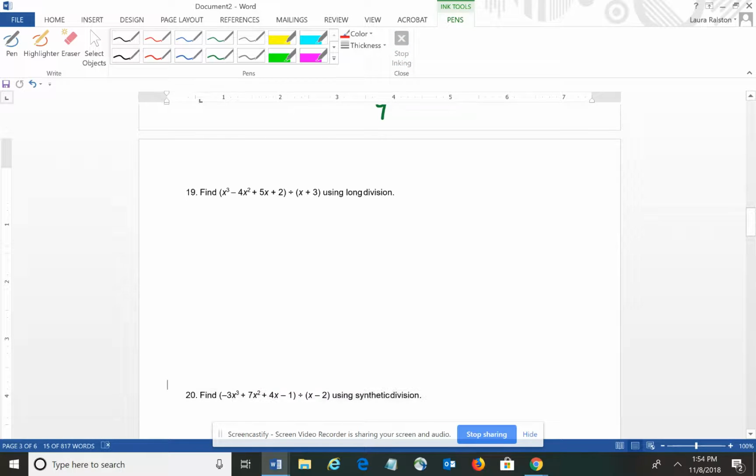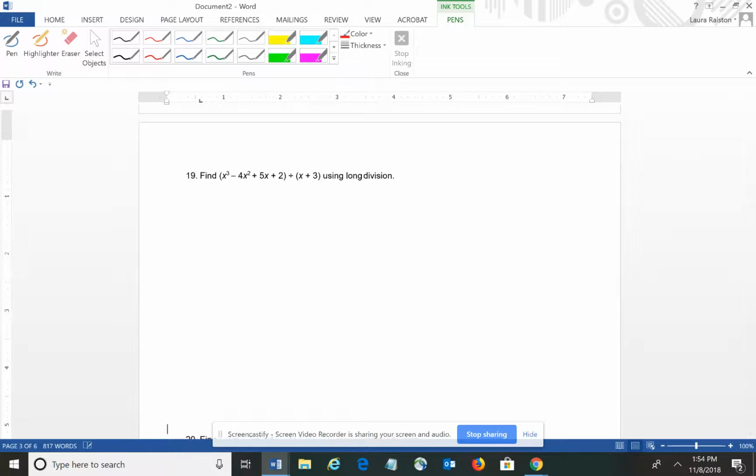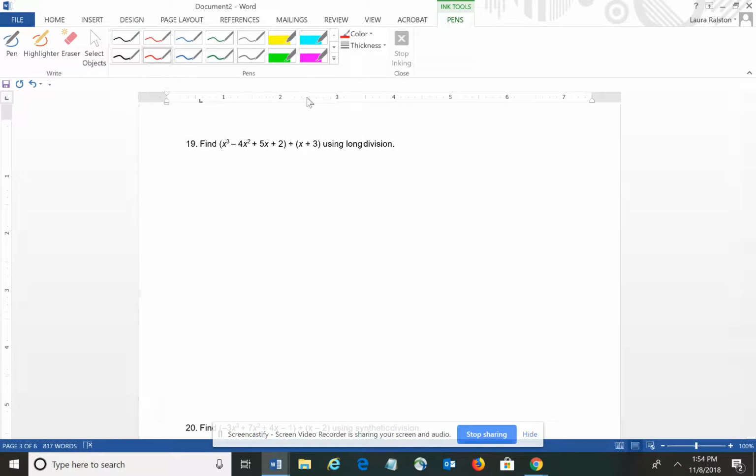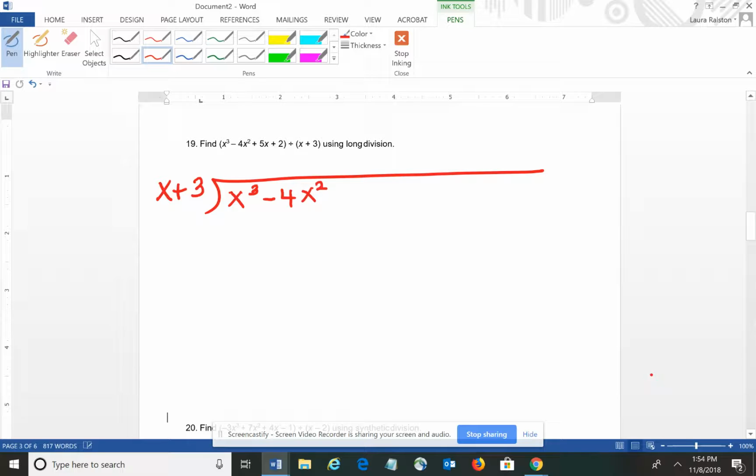The downside, as most students find, is that you have to deal with all of the variables. So here, x plus 3 is our divisor, and our dividend is x to the third minus 4x squared plus 5x plus 2.